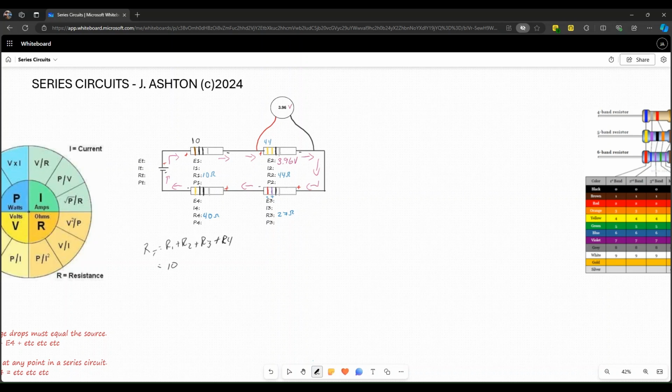All right, so we got 10 plus 44 plus 27 plus 40. I am going to use my calculator because I don't want to do a typo, and I'm tired. We get 121 ohms. So our total resistance is 121 ohms.